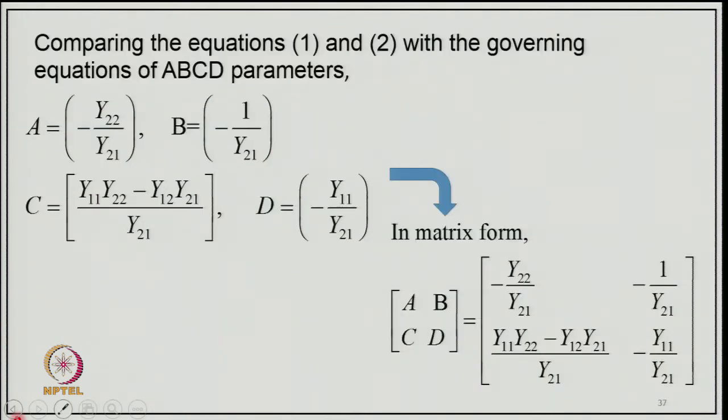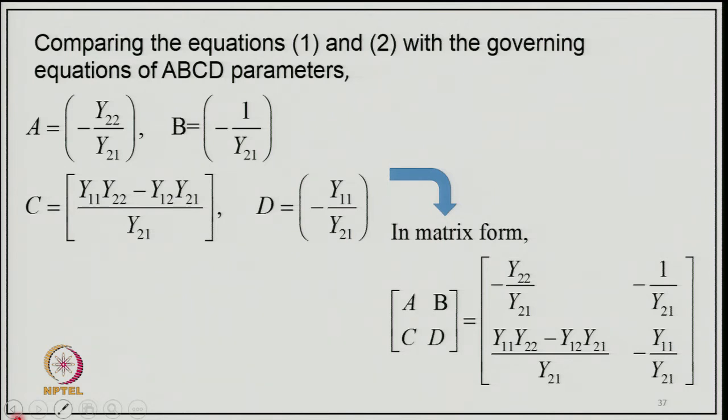Comparing these two equations, we can say the A parameter is minus Y22/Y21, the B parameter is minus 1/Y21, the C parameter is (Y11 Y22 minus Y12 Y21)/Y21, and the D parameter is minus Y11/Y21.